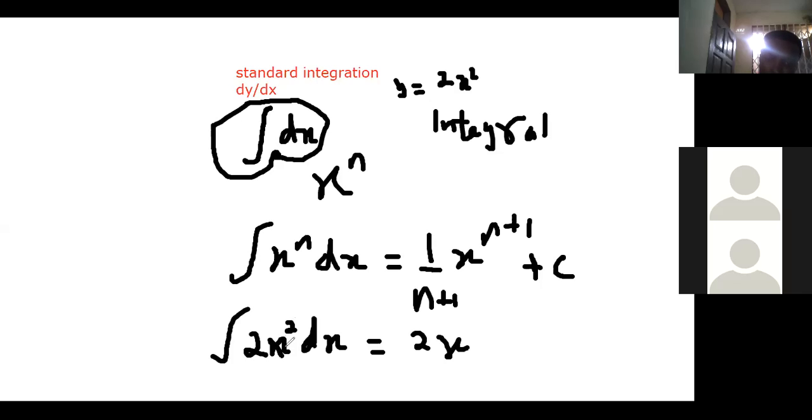This is x, this is the n, so this is n plus 1. So 2 plus 1 will give me 3, all over 3, plus c. Do you get it?